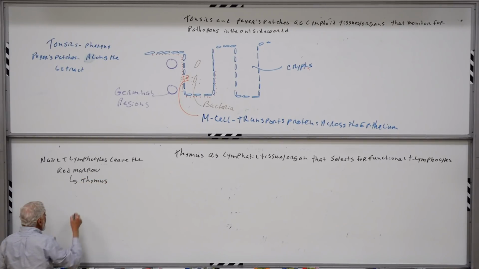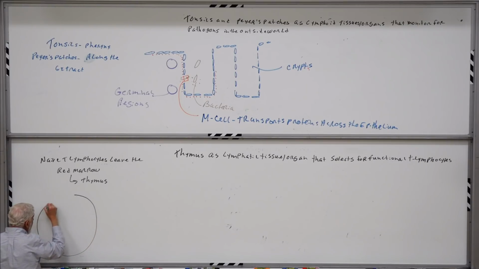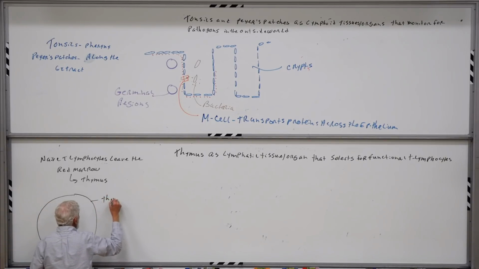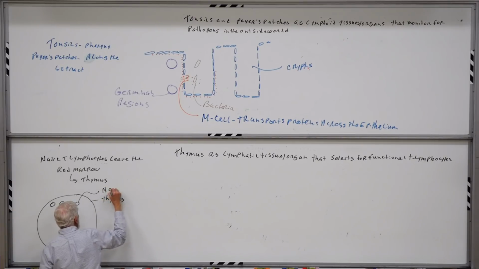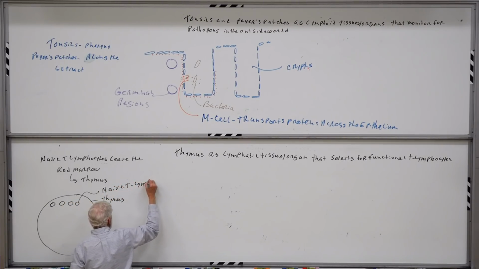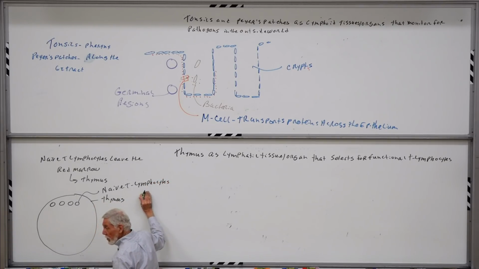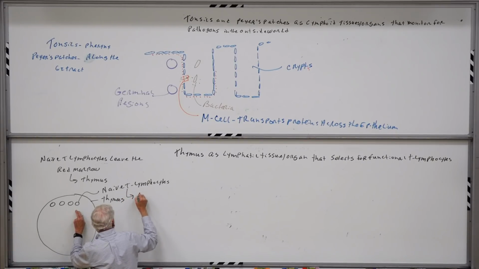And these naive T lymphocytes will enter the thymus. So I'll put these in as circles. These are intended to be naive T lymphocytes, fresh out of the red bone marrow. Once they get to the thymus, we name them differently. We call them thymocytes.